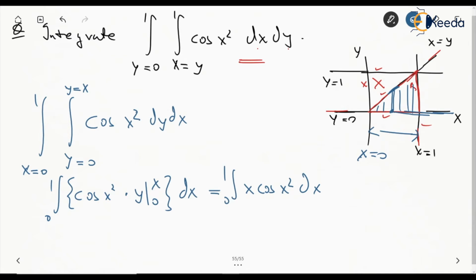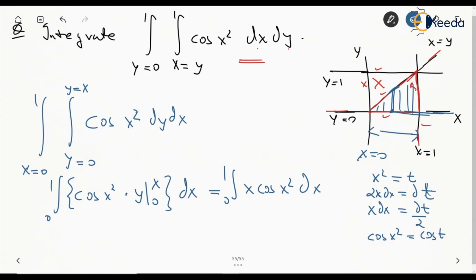Now it is easier once we take x square equal to, let's say, t. I'm just giving you a hint how we are approaching it, because we can directly put it. Let x square is equal to t, then 2x dx becomes dt, and x dx becomes dt by 2, and this cos x square becomes cos t.